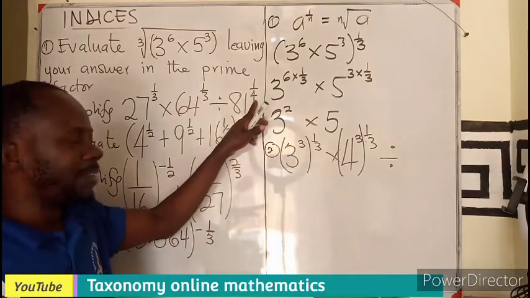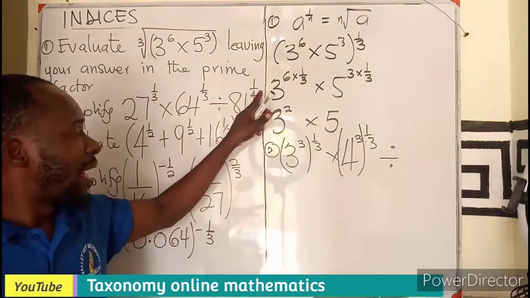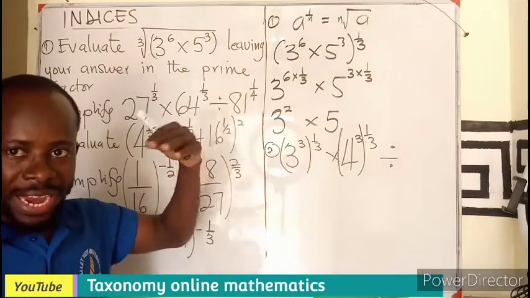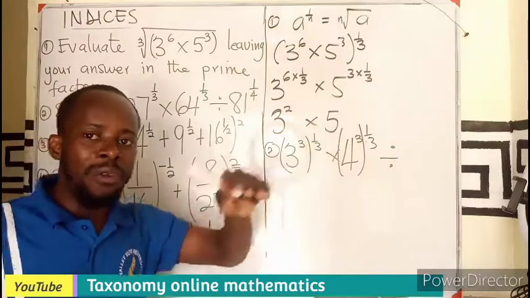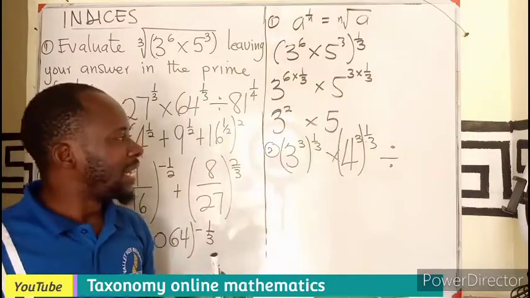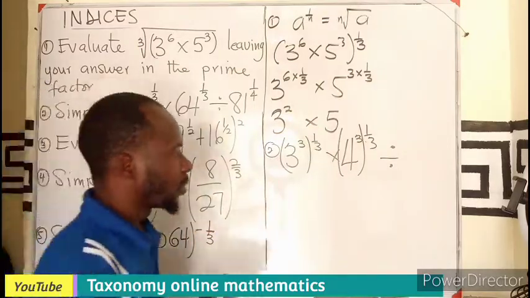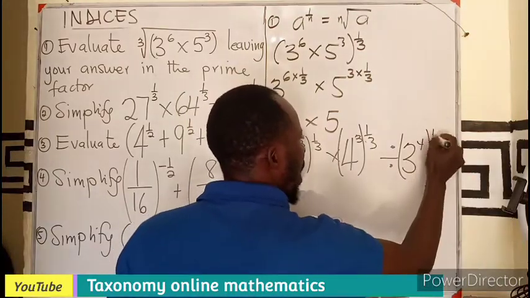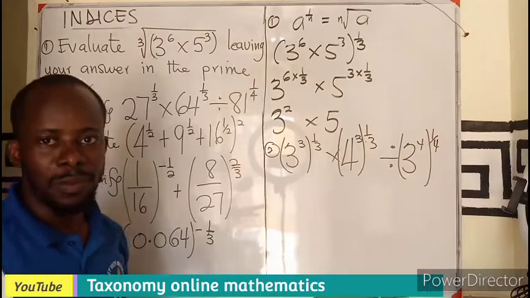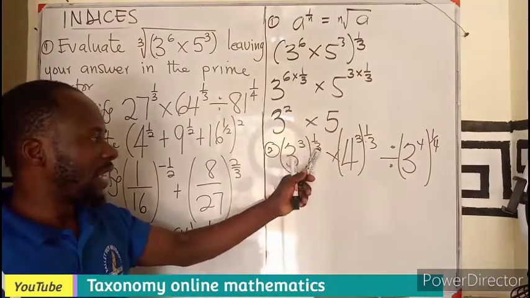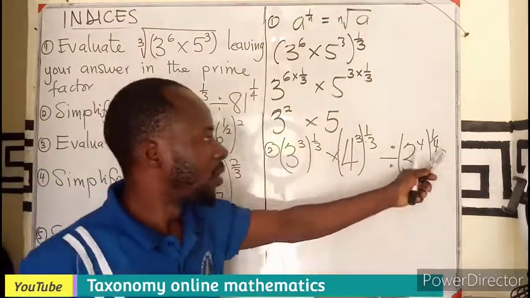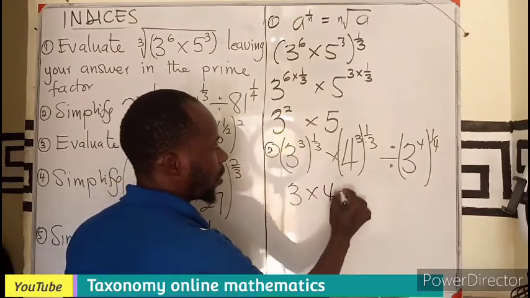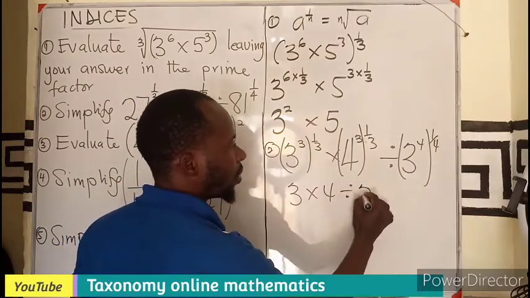I'll be looking at the denominator of the exponent, which is 4. So I need a number that raised to the power 4 gives me 81, and that will be 3. So I'll be having 3 exponent 4 to the power 1 over 4. So we know this and this will cancel. So in this case, I'll be left with 3 times 4 divided by 3.